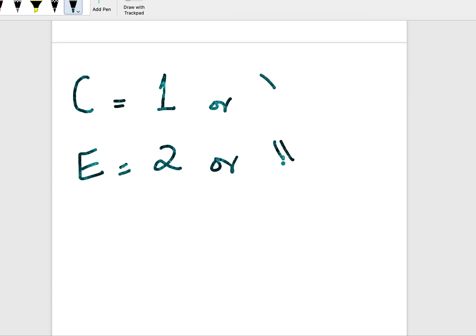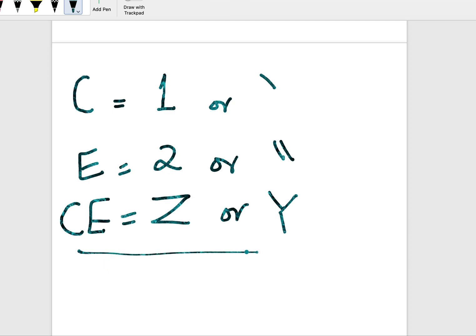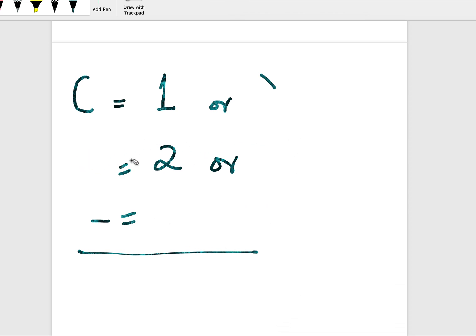But sometimes we get C capital and E capital both positive. In this case, we write either the letter Z or Y. I will explain these things in detail. This is only introductory for you, so you know where I'm going with these things, and I'll give you examples to understand this.